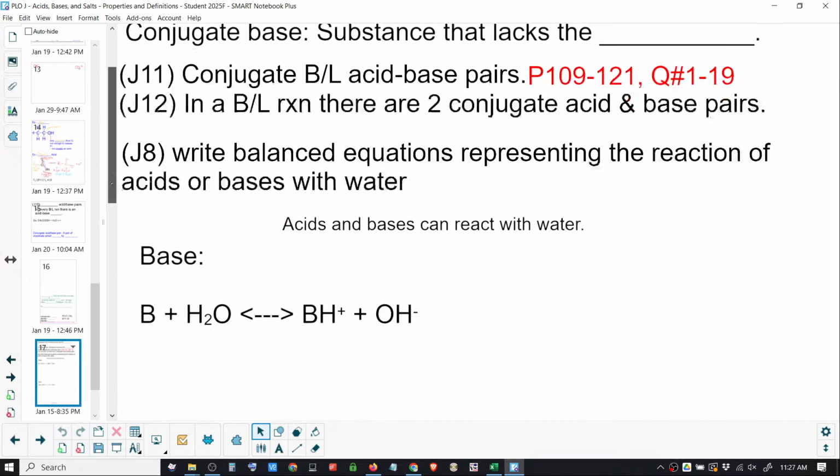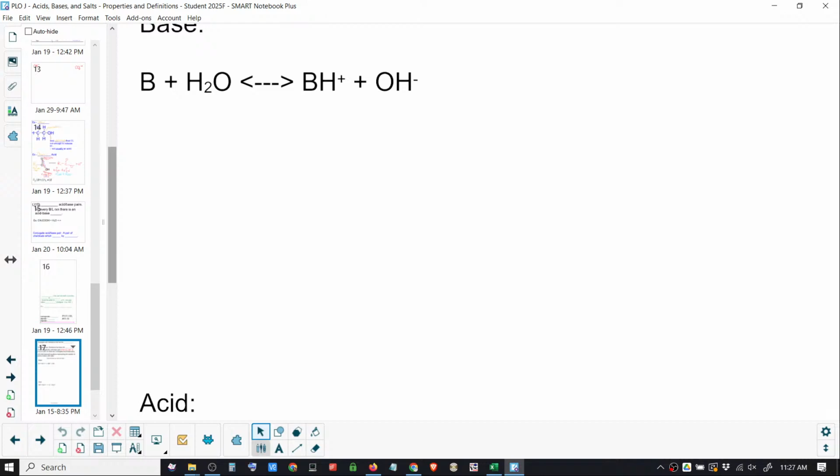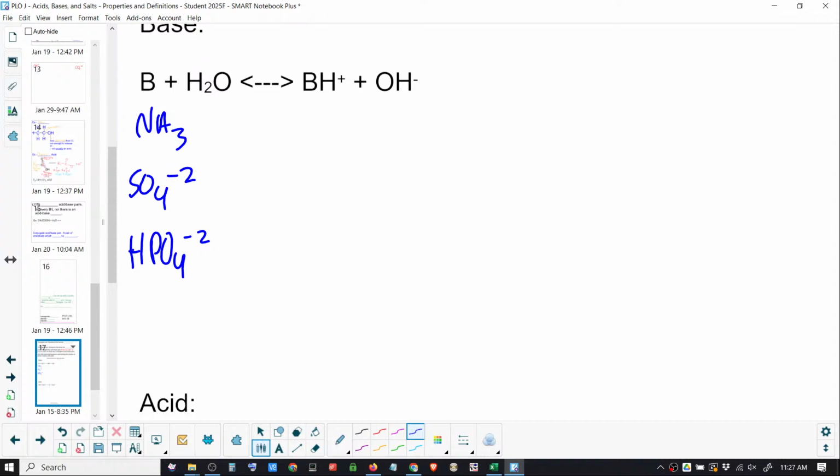Okay, the ones you have to do, I will start with the bases and rewrite them out since my recovery option didn't work. We are going to start with NH3, SO4 minus 2, HPO4 minus 2, CN minus.